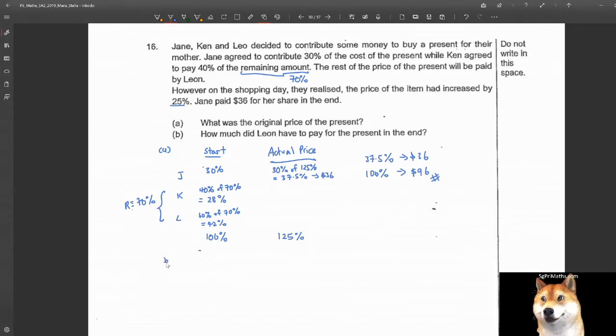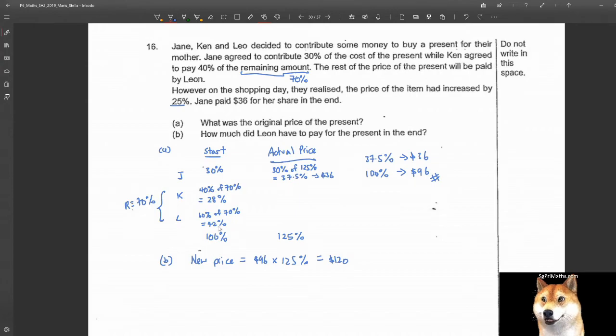Then B. So how much did Leon have to pay for the present in the end? Okay, so the new price is $96 multiplied by 125% because of the increase of 25%. This gives us $120.